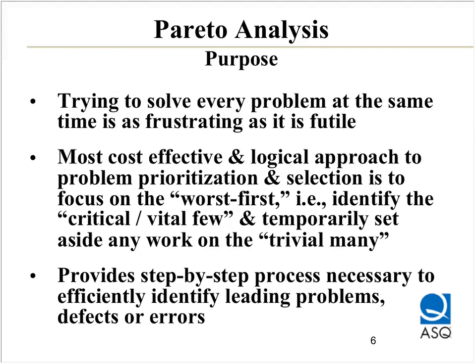That is, identify the critical or vital few and temporarily set aside any work on the remainder, known as the trivial many. These are terms that were devised many, many years ago by Dr. Joseph Juran, one of the giants in the history of quality. And Pareto analysis provides us with that step-by-step process necessary to efficiently identify leading problems, defects, or errors.